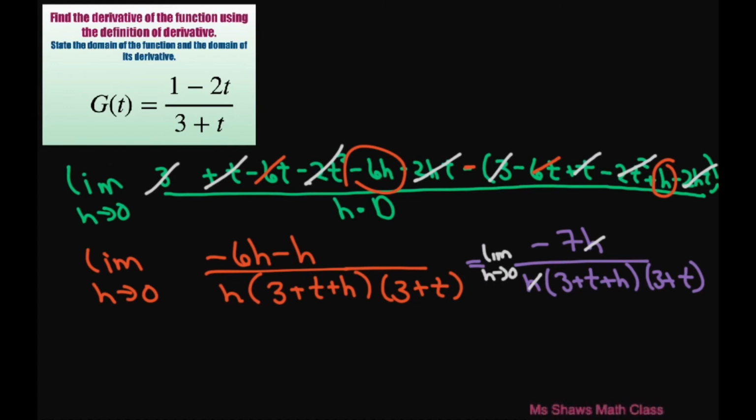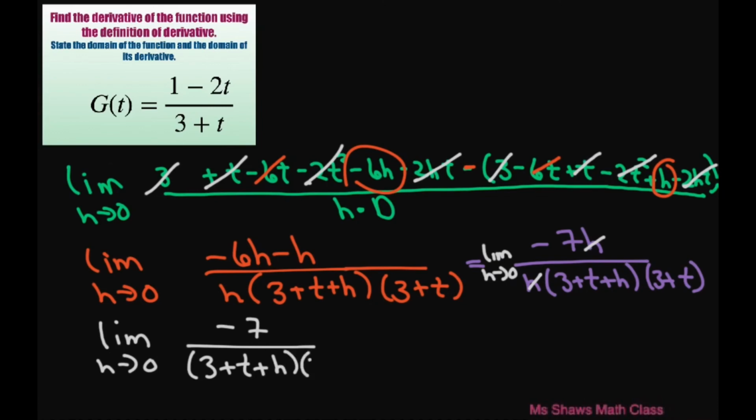Now, let's go ahead and apply the limit. So when we apply the limit, anything with the h in it is going to go away. Let me write this out real quick. So we have negative 7 divided by (3 plus t plus h) times (3 plus t).